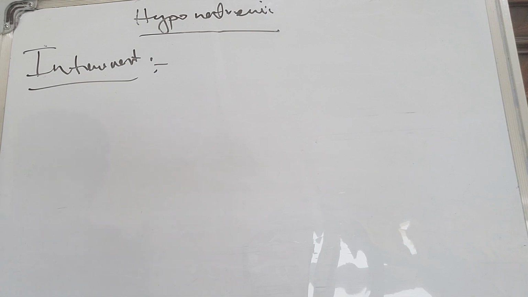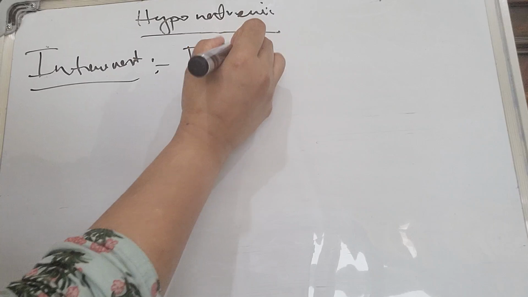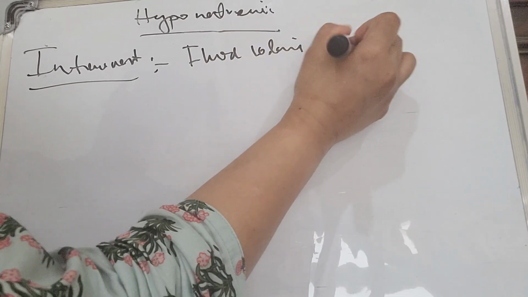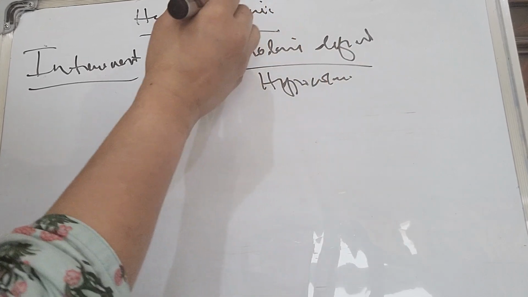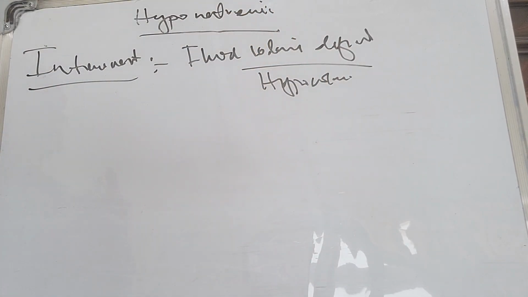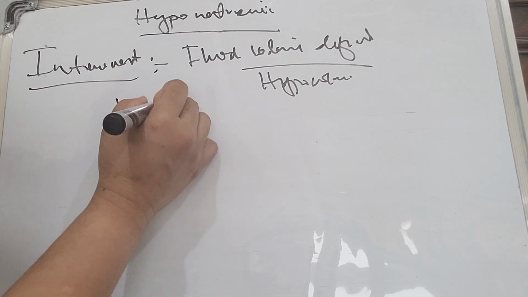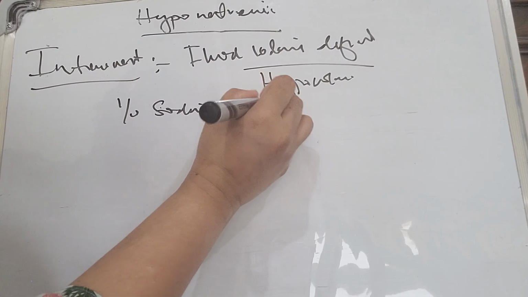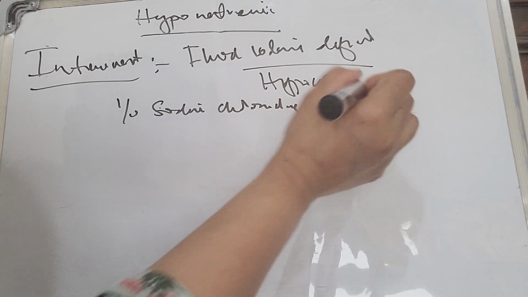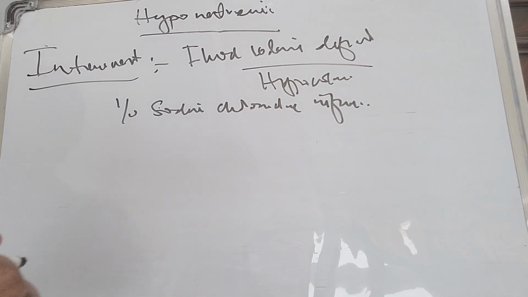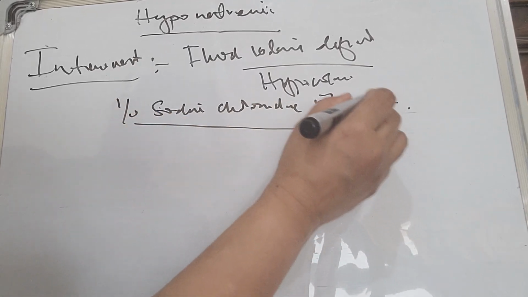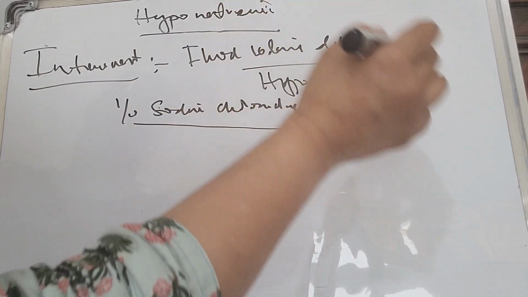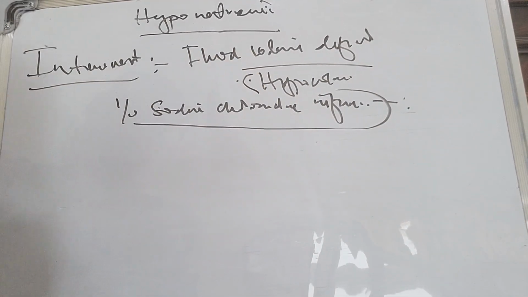For example, if hyponatremia is accompanied by fluid volume deficit, meaning hypovolemia, then IV sodium chloride infusion is administered to restore sodium content and fluid volume. So we will give IV sodium chloride infusion to increase the sodium level in the body in case of hypovolemia.